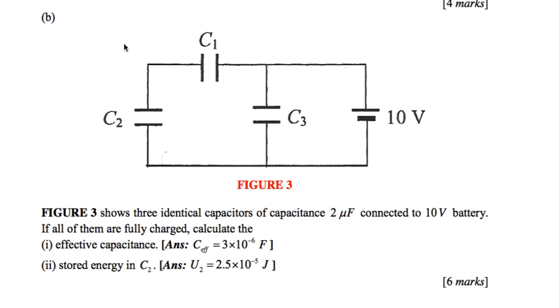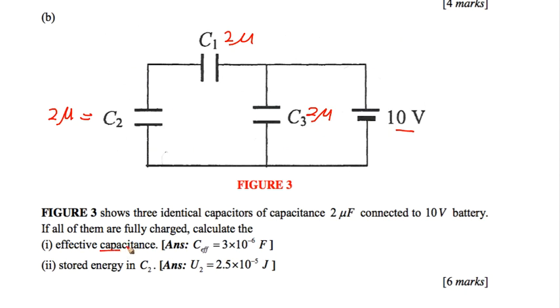And number B, the figure shows 3 identical capacitors of 2 microfarad. So this is 2 microfarad, and this is 2 microfarad, and this is also 2 microfarad, connected to a 10 volt battery. If all of them are fully charged, calculate the effective capacitance.